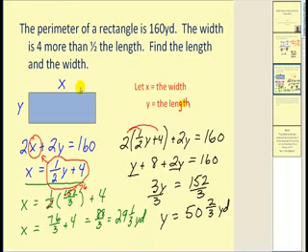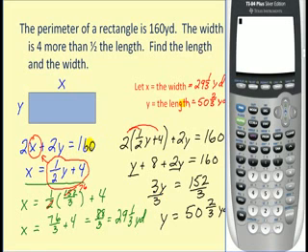Let's go ahead and write this one more time to clean it up. We know the width now, which is x, equal to 29 1/3 yards, and the length, or y, is equal to 50 2/3 yards. This one's a little more involved because of the fractions, but I don't think it was that bad. What we could do is replace x and y in this first equation to make sure that the perimeter still would be 160.